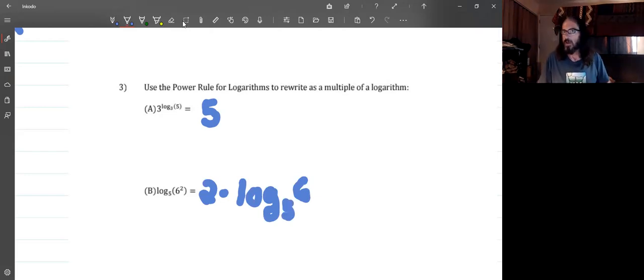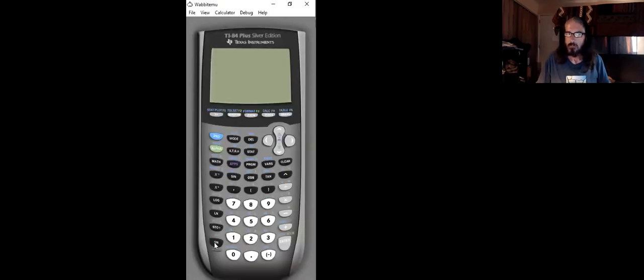And if you would like to check that on the calculator, well, 6 squared is 36. So let's use the change of base, log of 36 base 5. So log of 36 divided by the log of the old base 5.